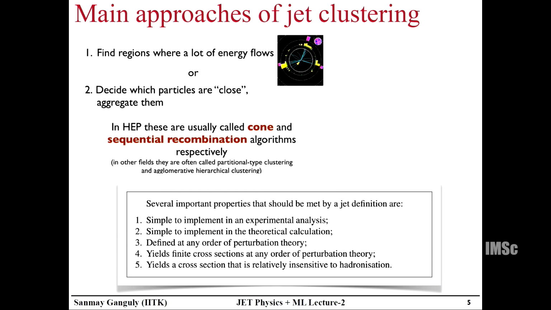Then, if you define an observable which is good to measure in the laboratory, the same observable you should be able to compute using the principles of quantum field theory. That's a very important criterion: it's not that two completely different communities don't talk to each other and they both call something a jet. That can't happen. It's the same jet, same definition, same algorithm, which one should be able to measure in the laboratory, and the same quantity can be computed from first principles of QFT.